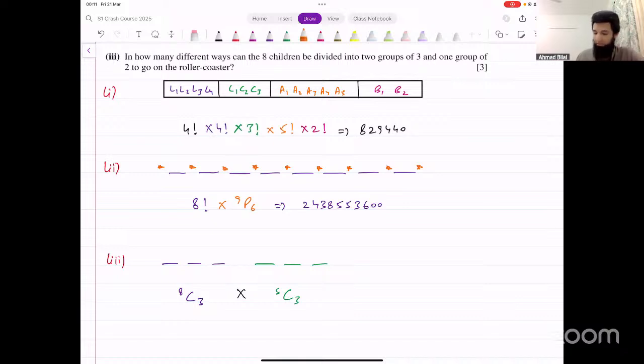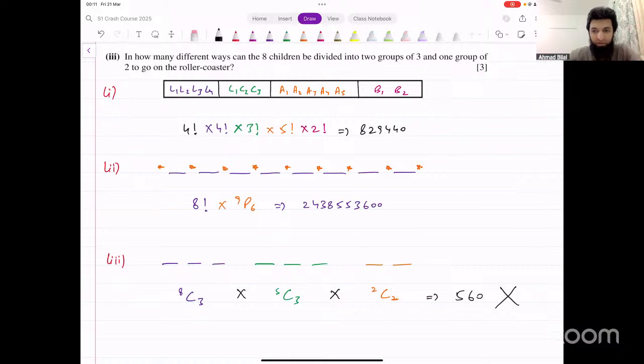And then you have to select people for a 2-member group. From the remaining 2 people, you select 2. So you multiply them. What does that give you? 560. This is not correct. This is not going to be 560.